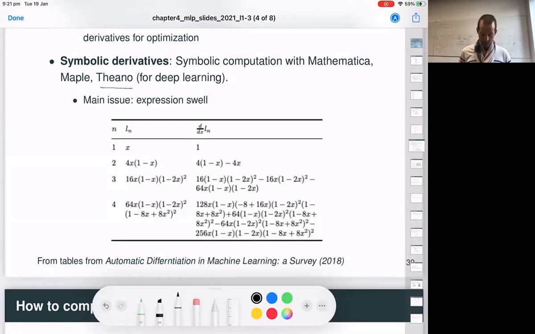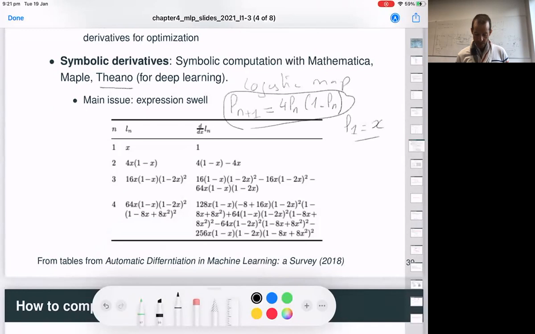We propose to compute, just to show as a highlight, the logistic map, which is defined by l_{n+1} equals 4 l_n (1 minus l_n), with l_1 equal to x. So this is my function, and I want to do the derivation of this function for each value of n.